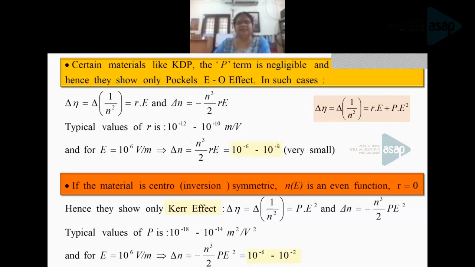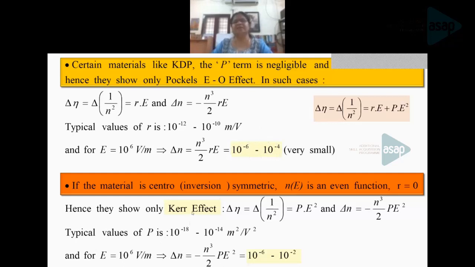You will get a range of 10 raised to minus 6 to 10 raised to minus 4, which is very small.